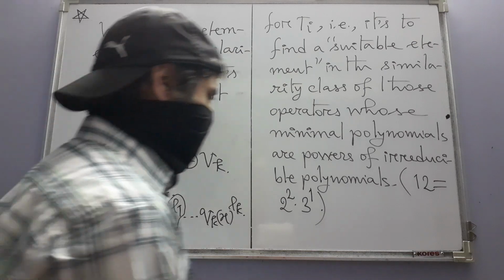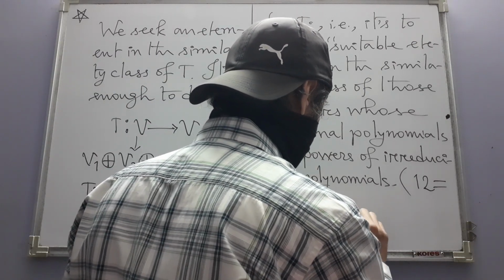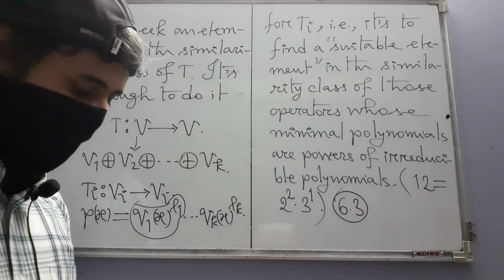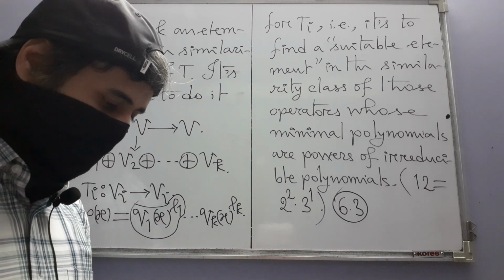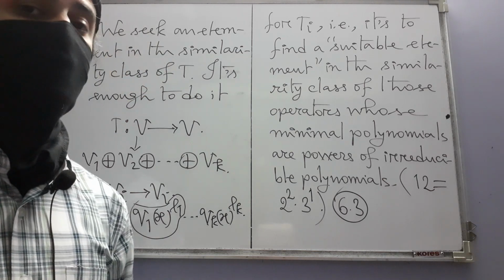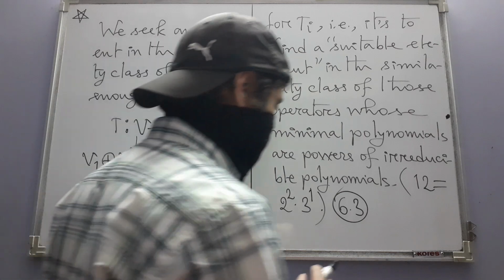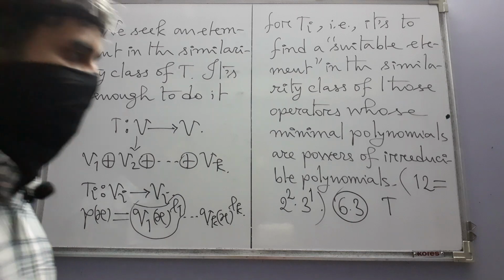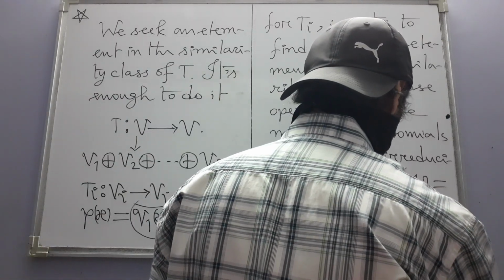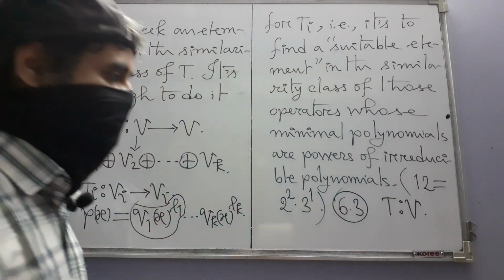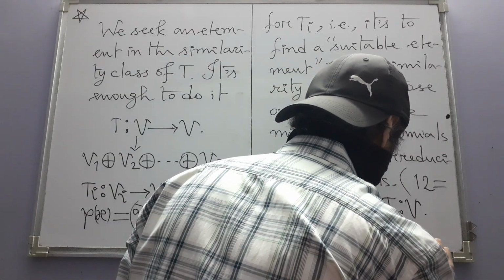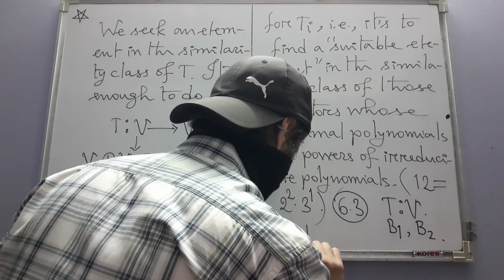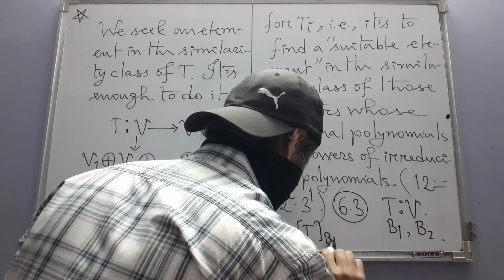You recall that in the third section of this chapter, where we studied matrices, we came across a result, I think Theorem 6.3.2, which essentially says this: say you have an operator T on a finite dimensional vector space V, and there are two bases for V, say B1 and B2. Then the matrices of T with respect to B1 and B2 are similar.